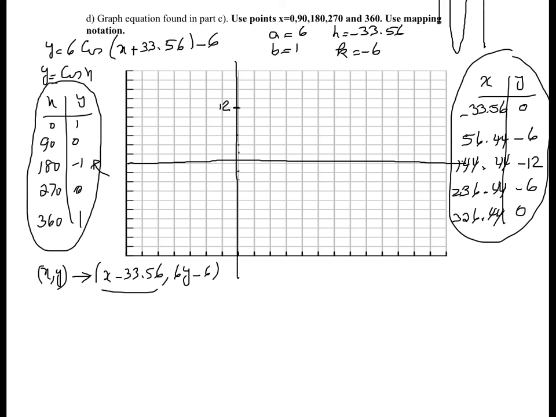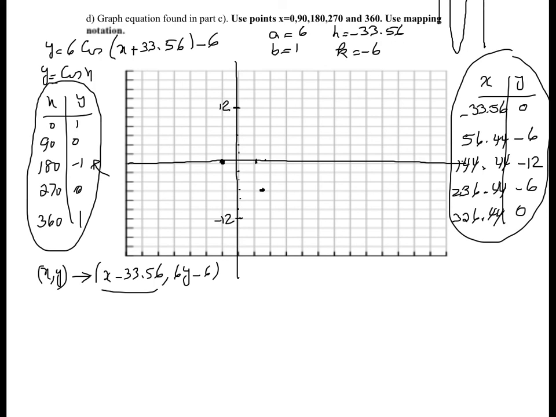Negative 2, negative 4, negative 6, negative 8, negative 10, negative 12 is here. Now for the x-axis, assume that every one of these boxes is 33.56. So the first one is negative 33.56, so it's going to be around here, is 0. Then 56.44 is going to be around this point, and then it's negative 6, so 2, 4, 6, so it's going to be around here.